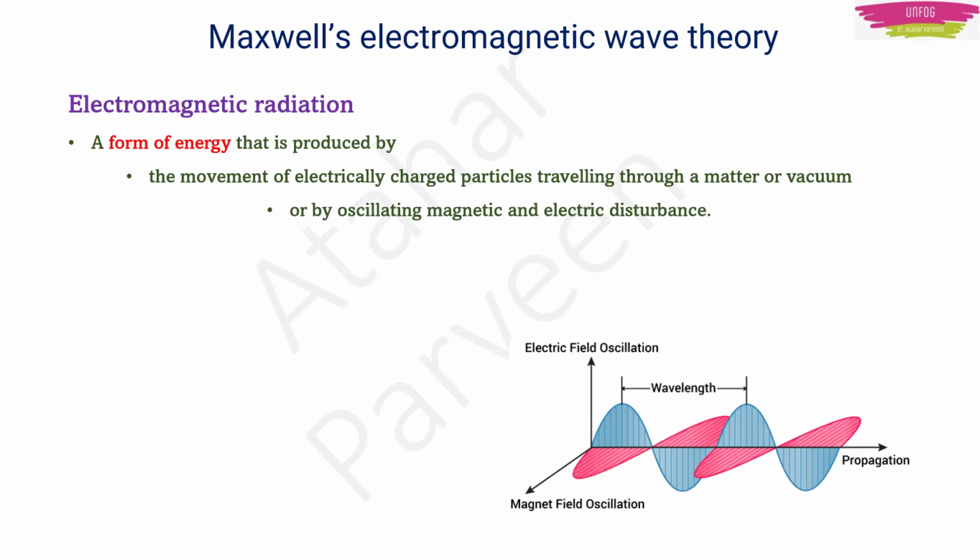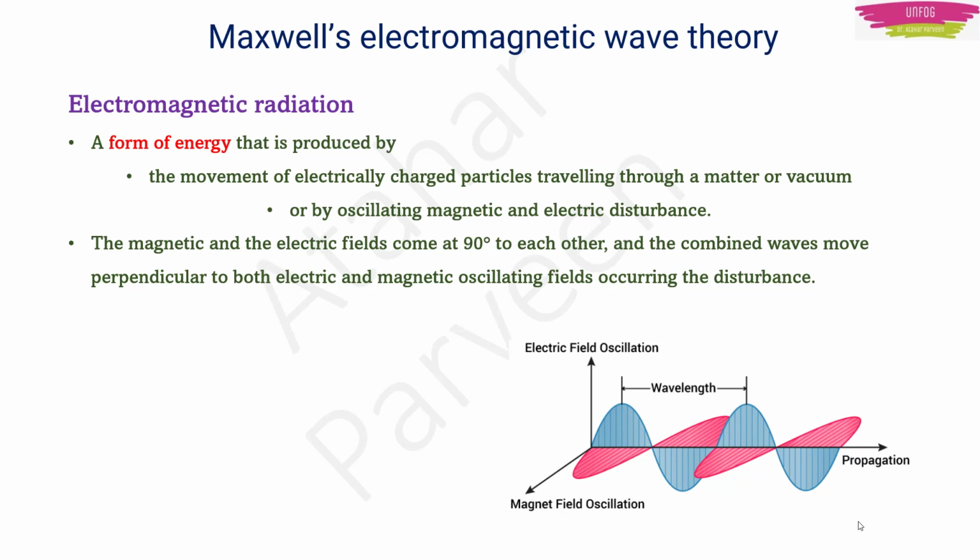But if you want to have a clear picture, then please watch those electromagnetic radiation lectures. I will give the link in the description, okay? And he further explained that the magnetic and electric fields are perpendicular to each other. They combine together and they are oscillating fields with which the disturbance occurs.